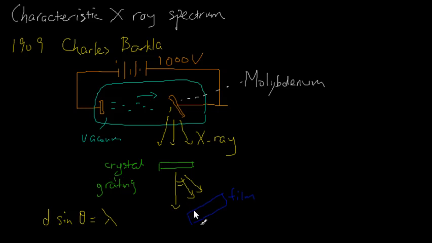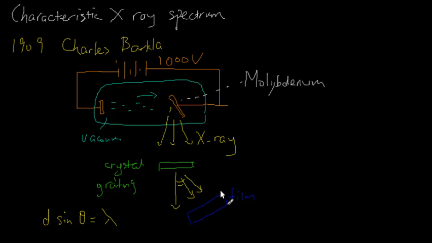With this, it is possible to observe how the different wavelengths of the X-ray coming out from this metal plate spread out.